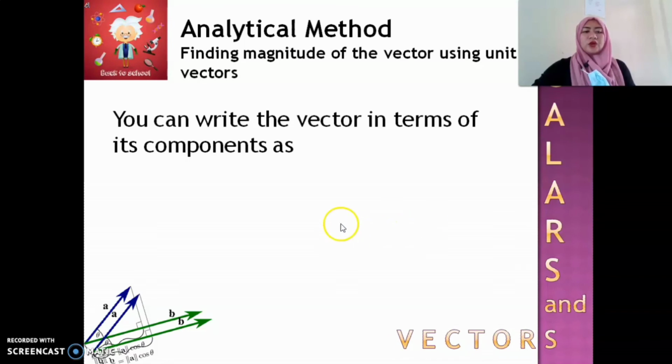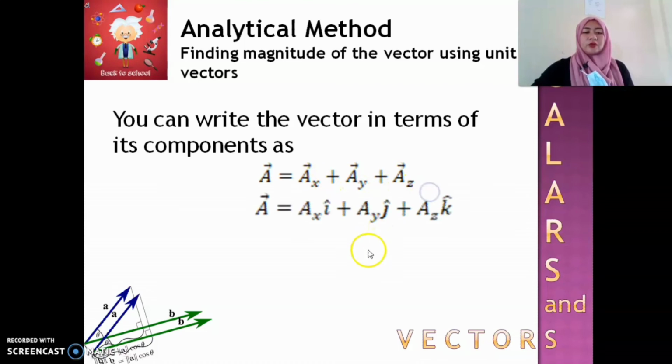Okay, so you can write the vector in terms of its components as vector A is equal to its x component, plus its y component, plus its z component. Or you can also write vector A is equal to its x component i plus its y component j plus its z component k.